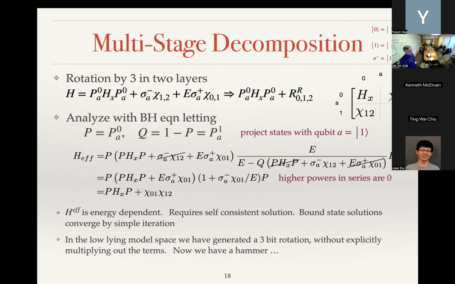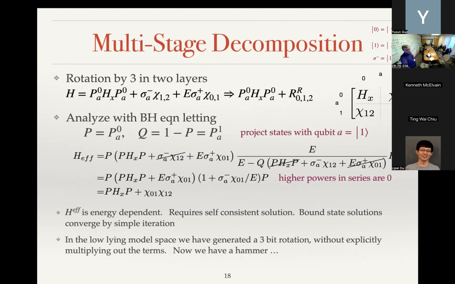If I do that and I just run the Bloch-Horowitz equation, I get all kinds of cancellations, because you'll end up with the Q and P product. Q says you're in the excluded space and P says you're in the included space, and when you take the product of those two, you get 0. So that's what I'm doing here.